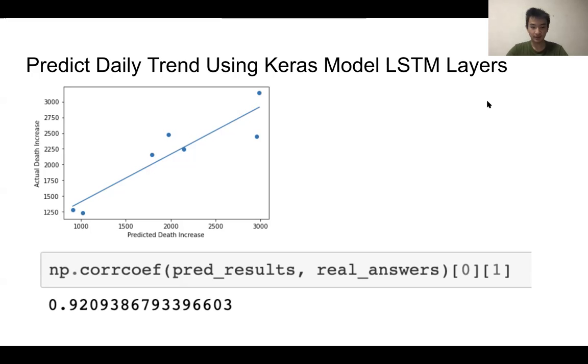Therefore, you can see at the bottom as well that the correlation between the two results, the predicted and the real, is very high. Although this might not be able to predict very specific numbers, like how many people are going to go to the hospital or how many people are going to die because of COVID, this can provide a general trend.